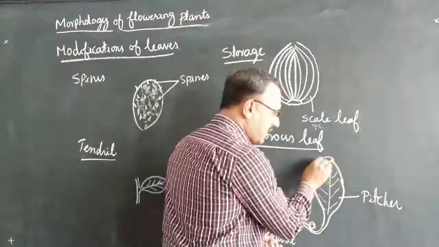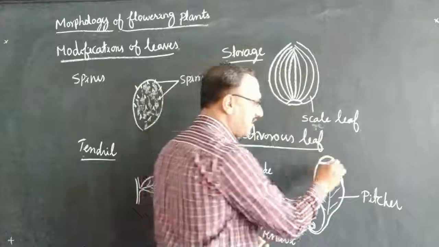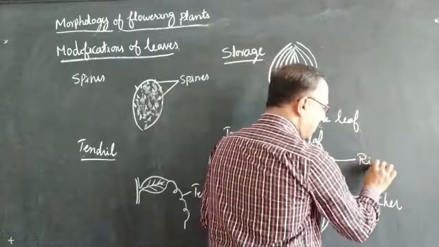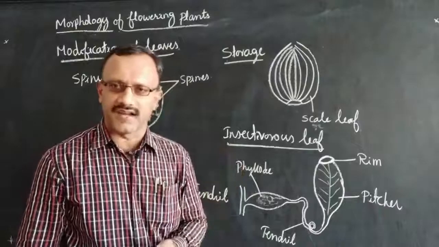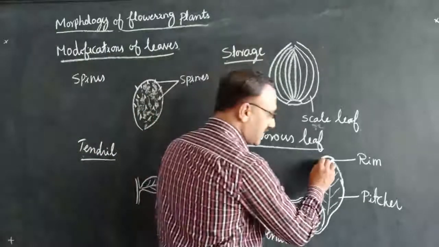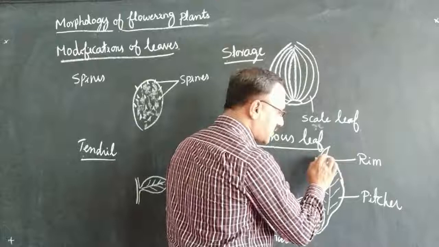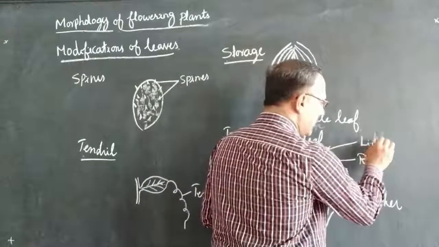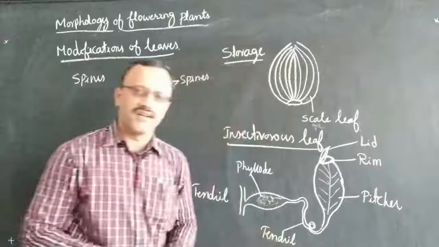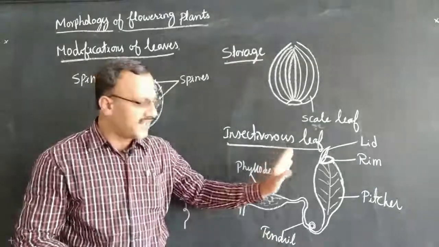The rim is formed from the leaf margin. This is called the rim, which is the modified form of leaf margin, and the leaf apex will be modified into the lid. It is called the lid, which is the modified part of the leaf apex.